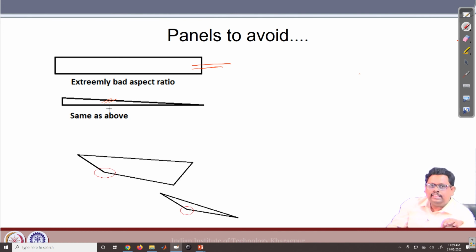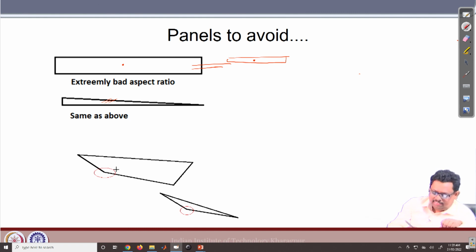In the case of this sort of panel, we are assuming this phi is constant at the centroid. Now, if it is too elongated, this type of panel, then this approximation of phi being constant over a panel might not work very well.